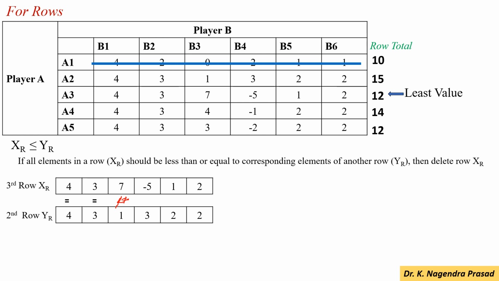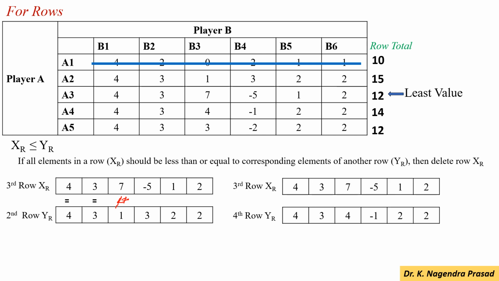So here the dominance rule is not satisfied. Next, compare the third row elements with the fourth row elements. 4 equals 4 and 3 equals 3, but 7 is not equal to 4, and moreover it is not less than 4. So here also the dominance rule is not satisfied.